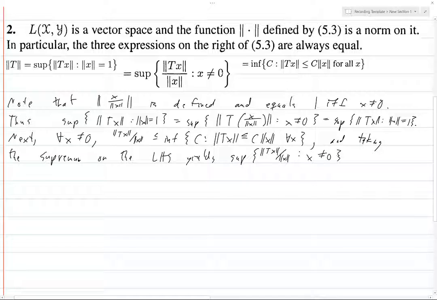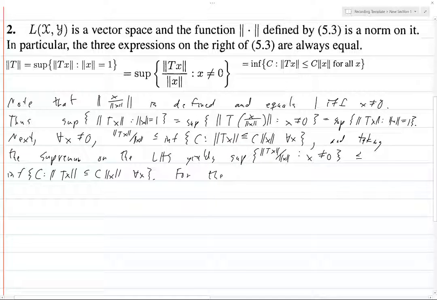This supremum is going to be less than or equal to the infimum, so norm tx is less than or equal to c for all x.